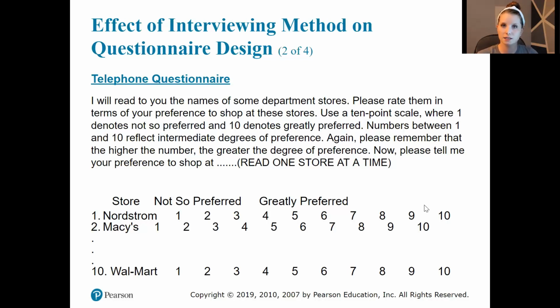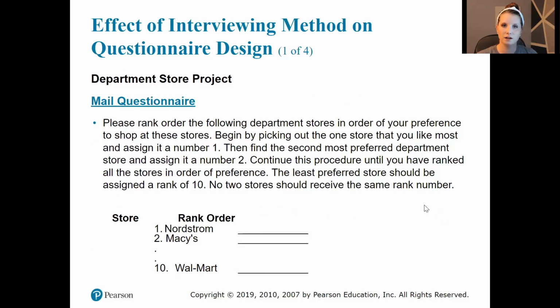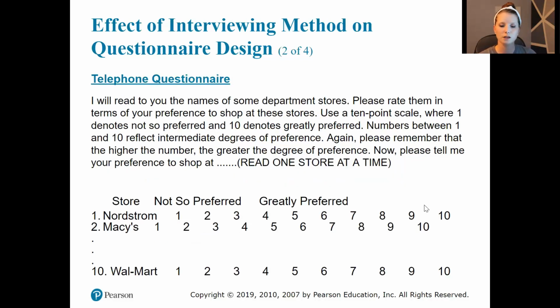So you can see in this example how they're still looking at the preferences between and among stores, but unlike the mail questionnaire where they could very easily rank 10 department stores, that would be much more difficult on the telephone. Trying to get someone, tell them all 10 stores, and then have them rank all 10, remember what they are, keep them in order in their heads. That's going to be very difficult. So you can see how the questionnaire design is going to be different with a telephone survey than it would be for our mail survey.